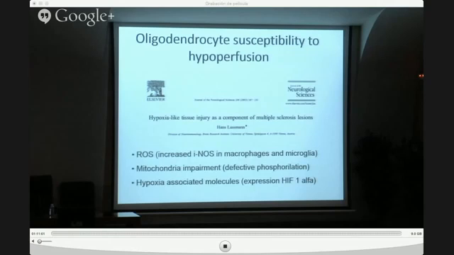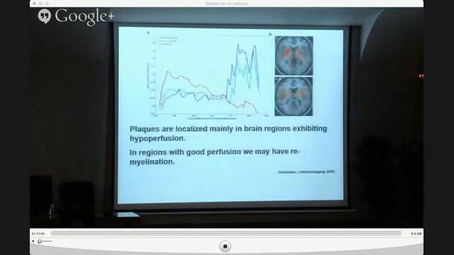In fact, this is a study performed at Harvard by fusion imaging technology of MRI and SPECT, and it shows that plaques are localized exactly in the brain regions exhibiting hypoperfusion, but also in regions with good perfusion. The same group of investigators showed repair and remyelination.